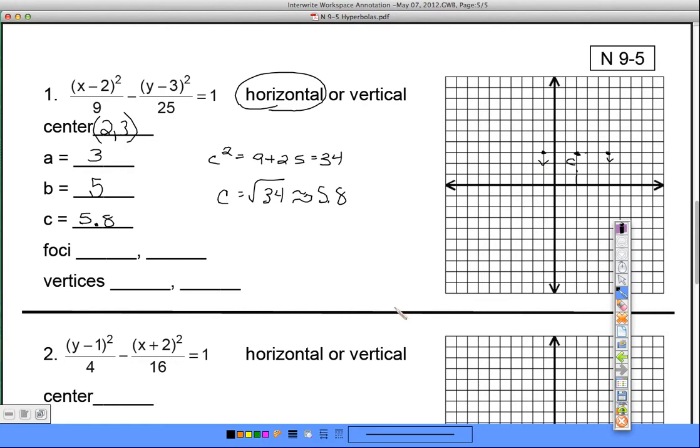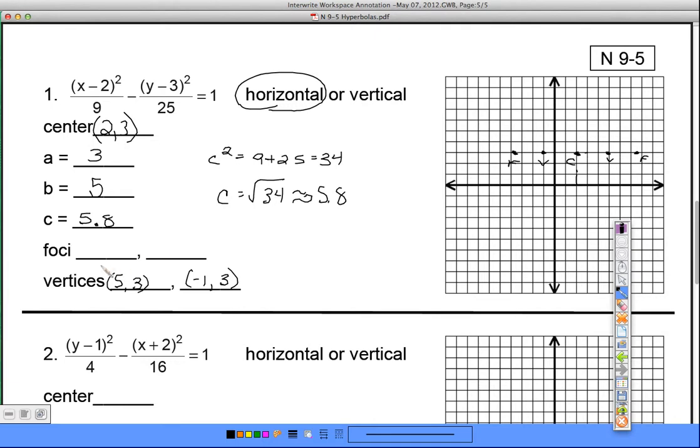So the vertices are at 5, 3 and at -1, 3. The foci will be 5.8 along that same axis from the center, so you're going to go 1, 2, 3, 4, 5, almost 6 for one focus here, and almost 6 the other way for the other focus.